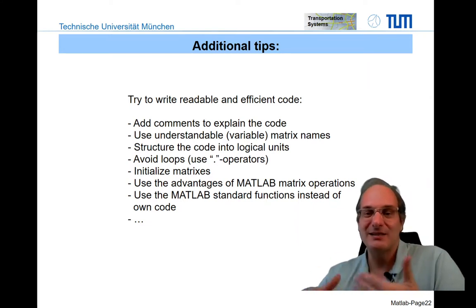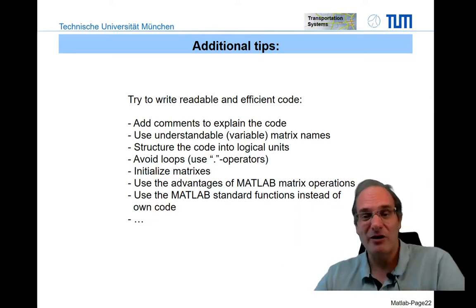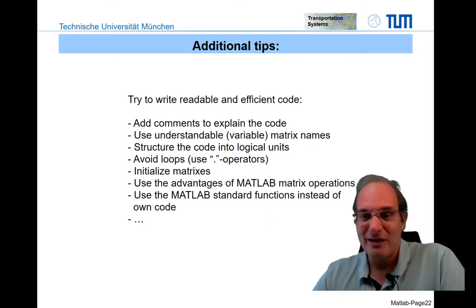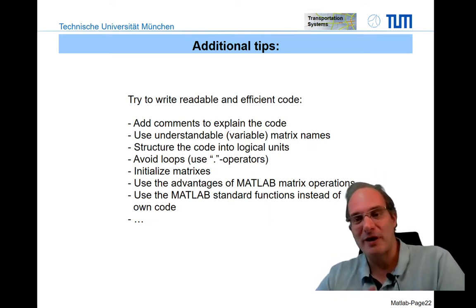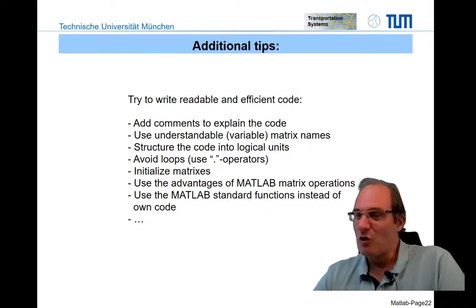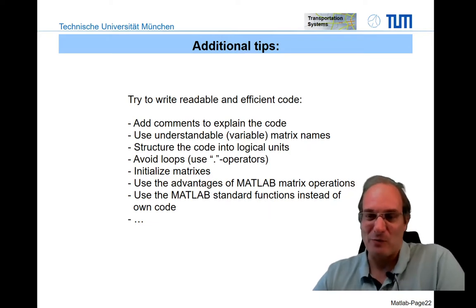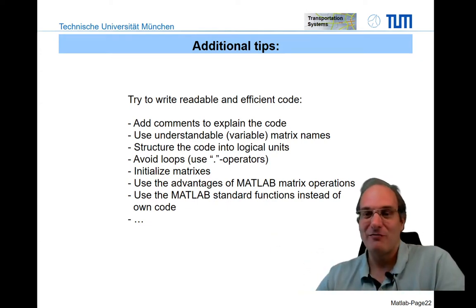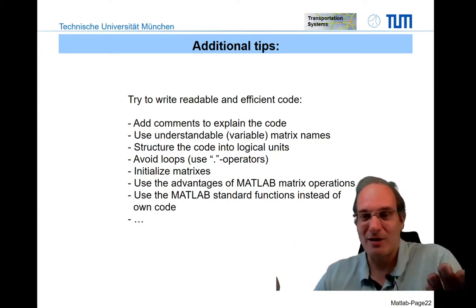So deal with this, write understandable variable names, because after half a year, so for example to prepare the exam, you won't understand your program anymore. And it's the same for programmers in real life. So if they read their own program in a year or two, they won't understand it anymore.